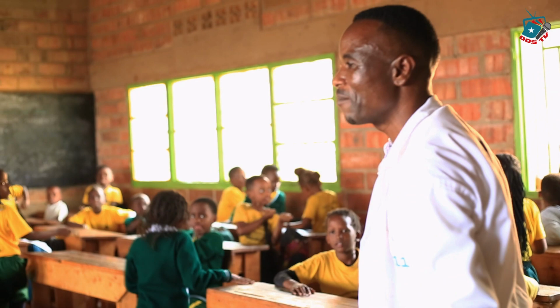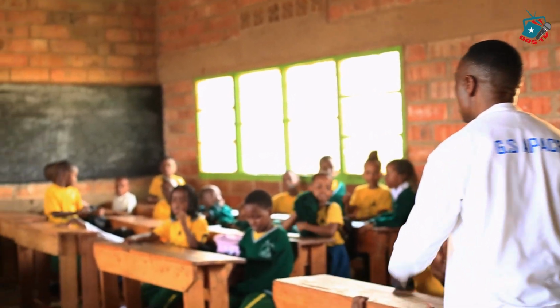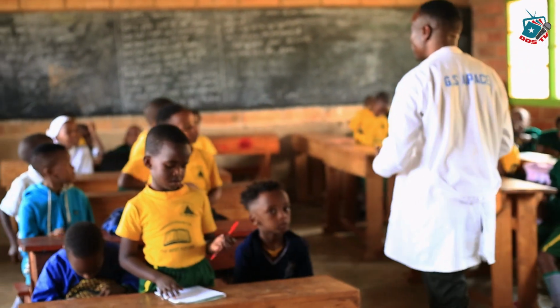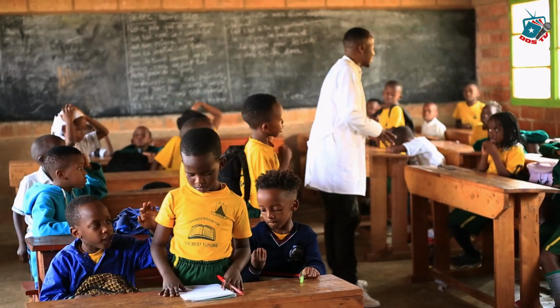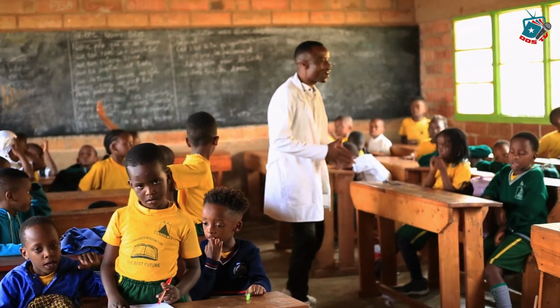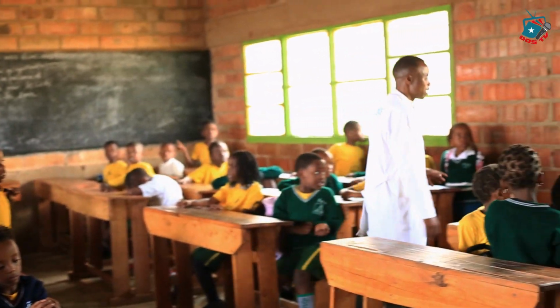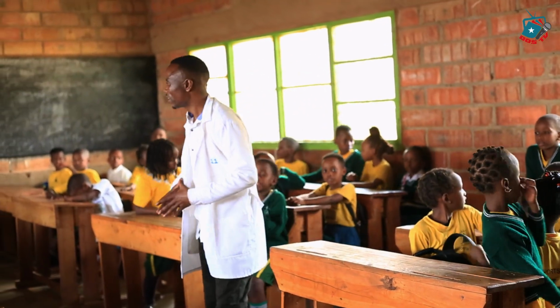Then we just come to study the multiples of 3. Okay? 3 times 1 equals how many? 3 times 2 equals how many? 6.